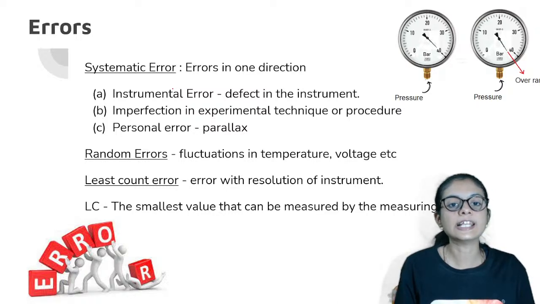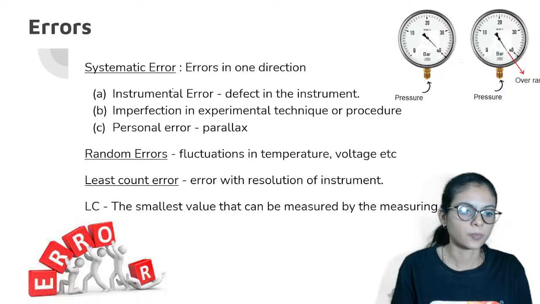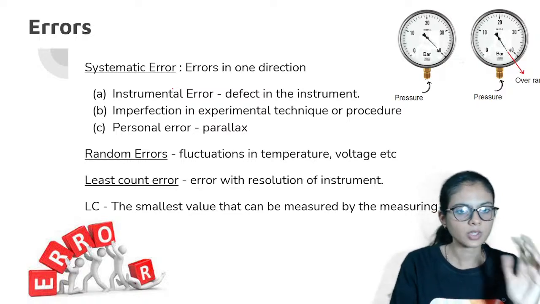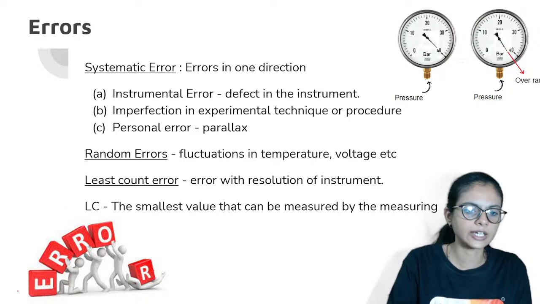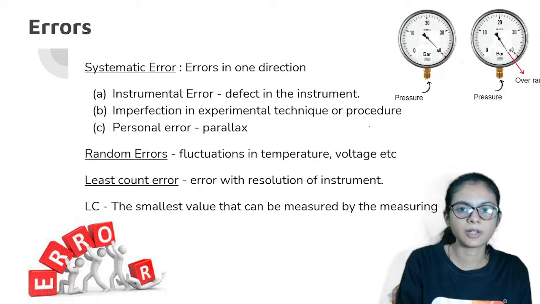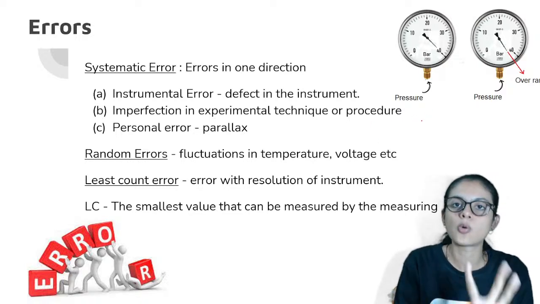The second one is imperfection in experimental technique or procedure. In Ohm's law there is a procedure. Let me explain with the example you studied in 10th standard. Suppose I'm performing an experiment to prove Ohm's law.